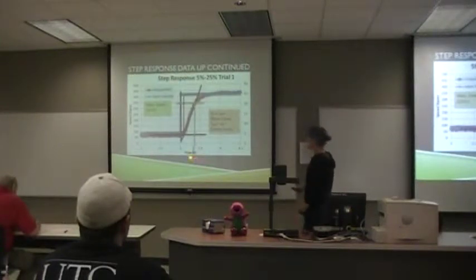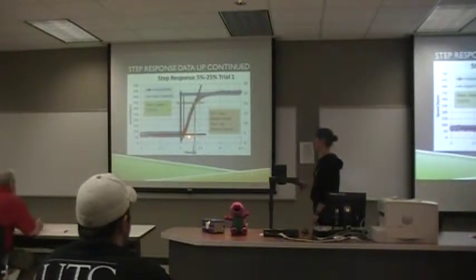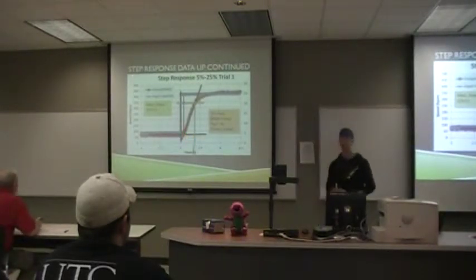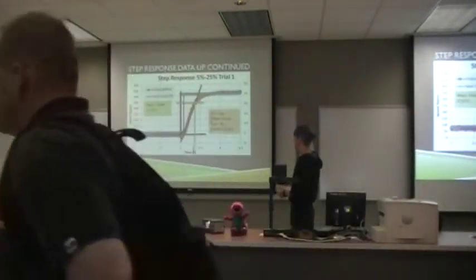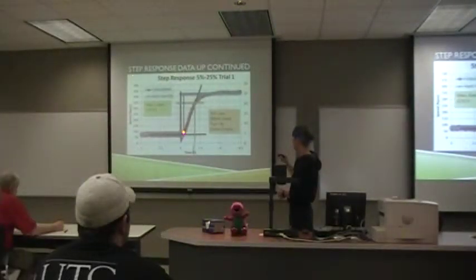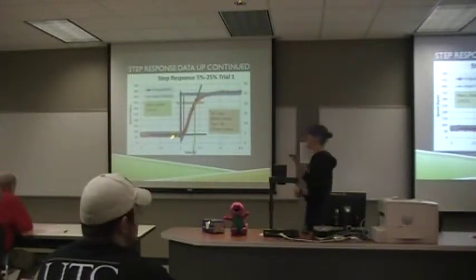After that, we were able to find T0 and tau graphically. T0 is the dead time, the amount of time it takes for the output to respond to the input. Tau is the amount of time it takes for the output to reach 62.3% of the magnitude of the step.